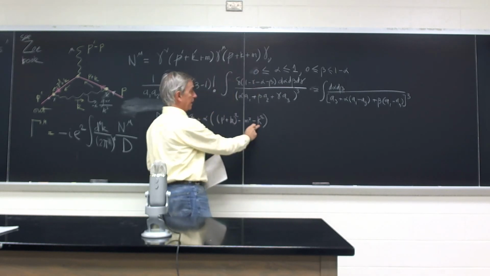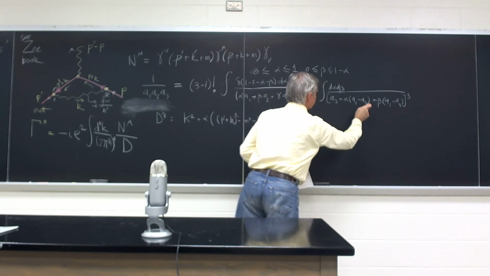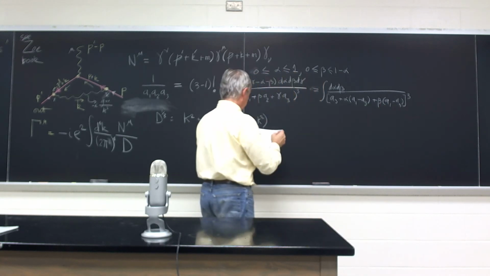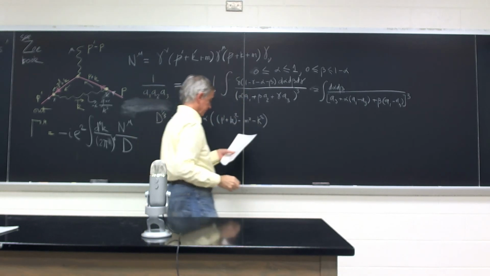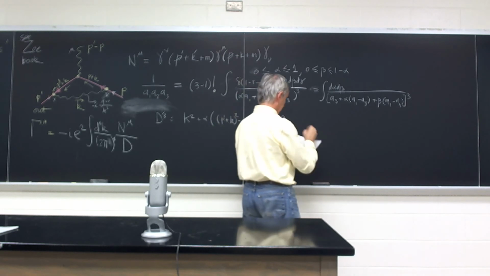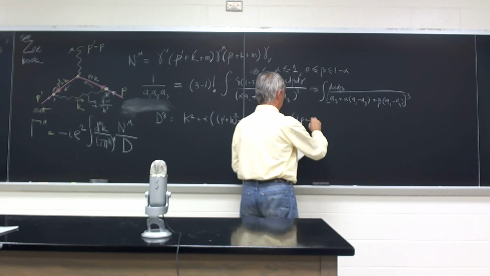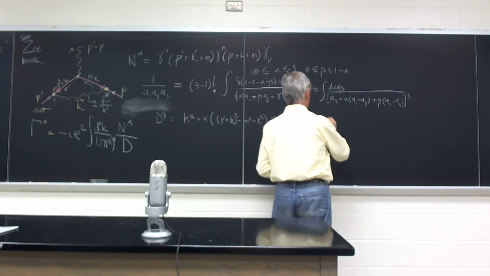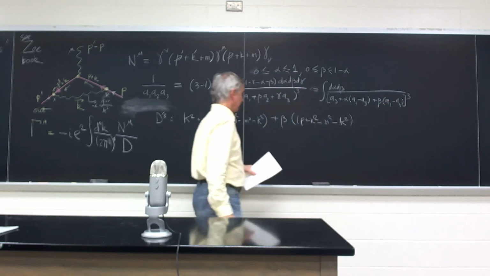So this K square comes from this replacement here. And this is just the Klein-Gordon kind of denominator. And same here, this K square came from there.